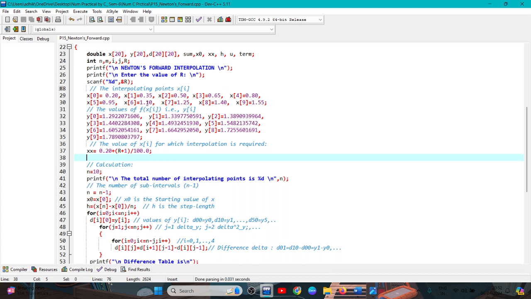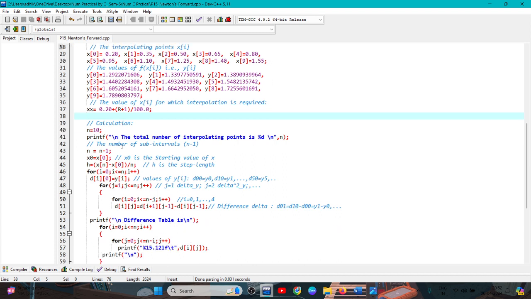And this xx is the value of x for which interpolation is required. This is 0.20 plus (r plus 1) by 100.0. Here we must put divided by 100.0. If you omit this decimal point, then the result may be in error.